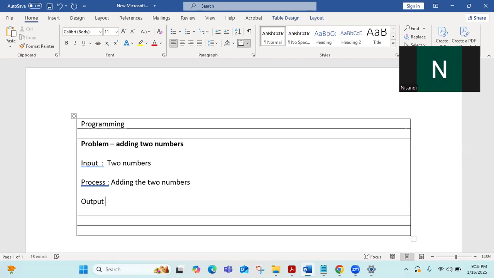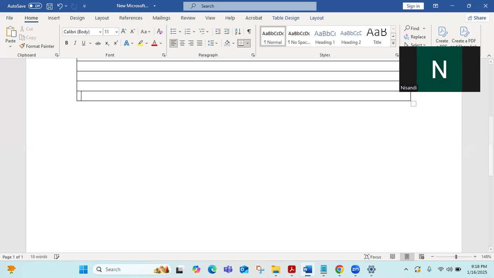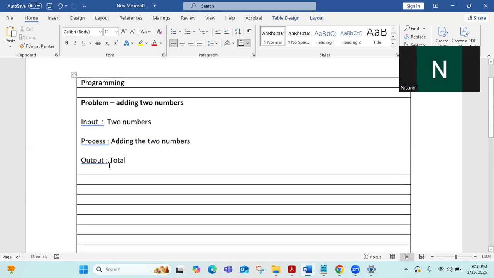If you add two numbers, the total is the output. So this is the first thing you have to understand. When you have a problem, you divide it into input, process, and output. You must know what is the input, and you must know what is the process.